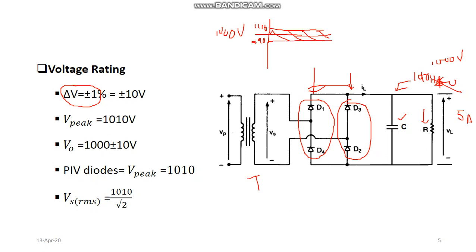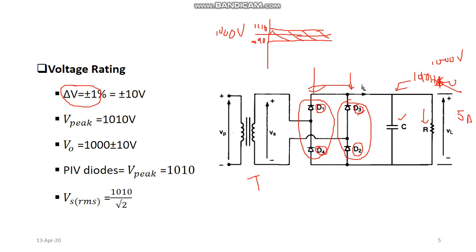Only one of the diodes from each branch will be operating: either D1 or D4 from this branch, and either D3 or D2 from the other.